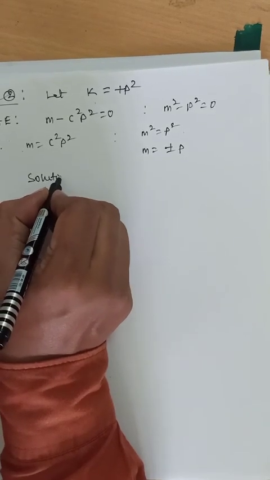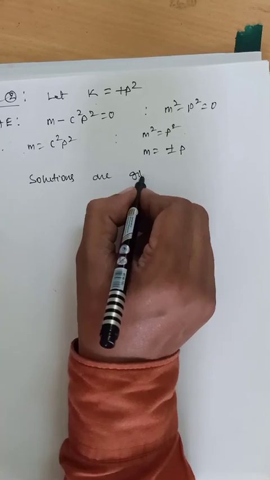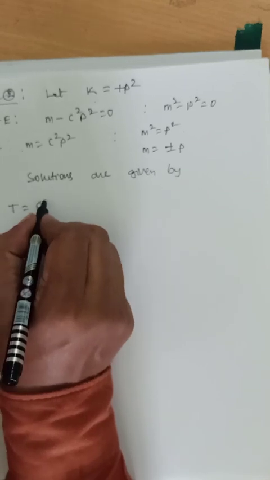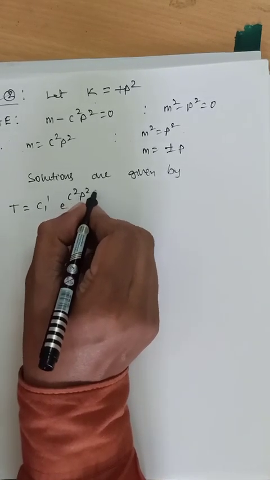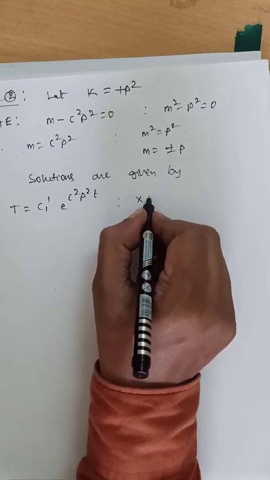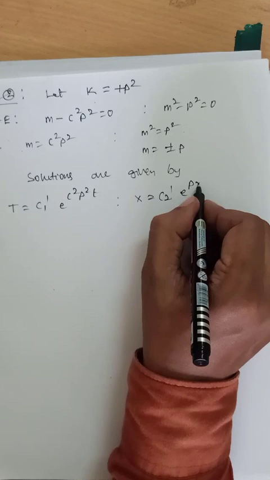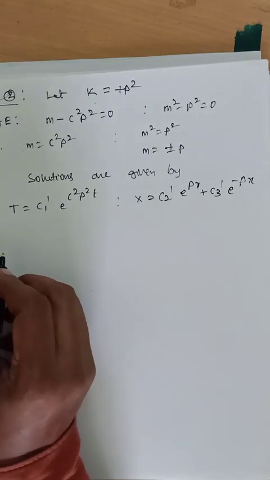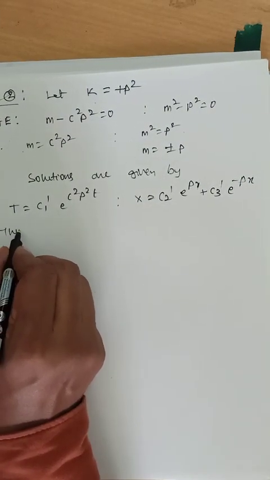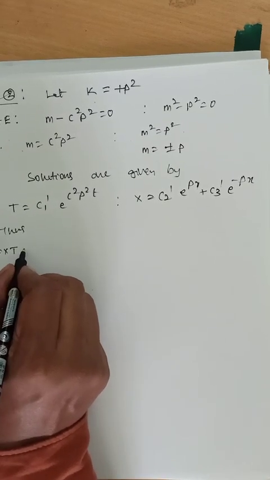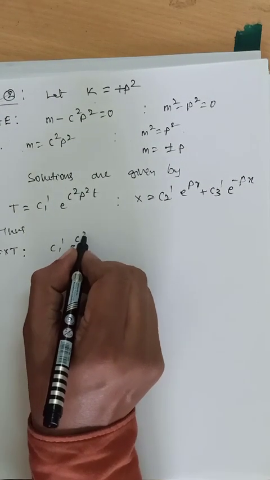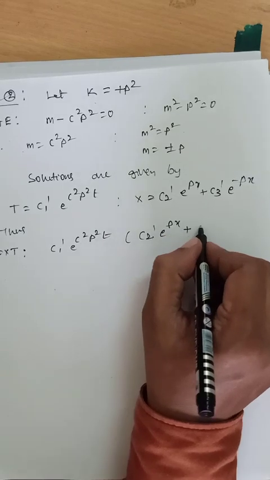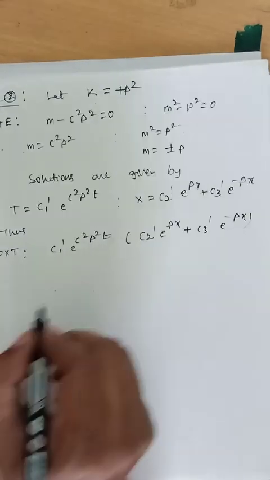Solutions are given by T = c1' e^(c² p² t), and X = c2' e^(px) + c3' e^(−px), because roots are real and unequal. Thus u = XT, meaning c1' e^(c² p² t) times (c2' e^(px) + c3' e^(−px)).